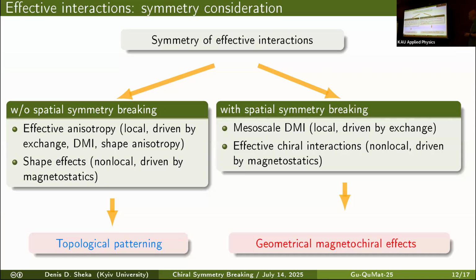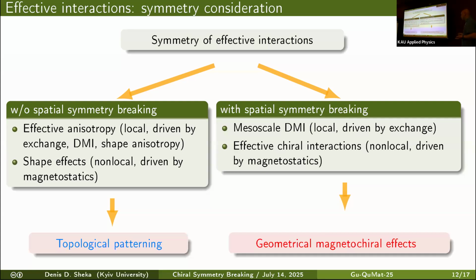Now I would like to say some words about these effective interactions which appear in magnetic systems. From the symmetry point of view, if an effective interaction does not break the spatial symmetry, it can lead to effective anisotropy.